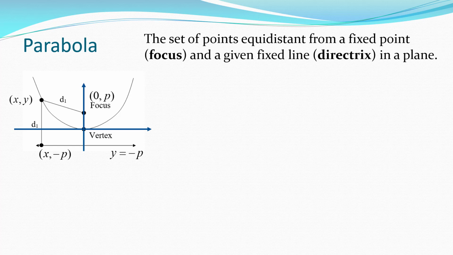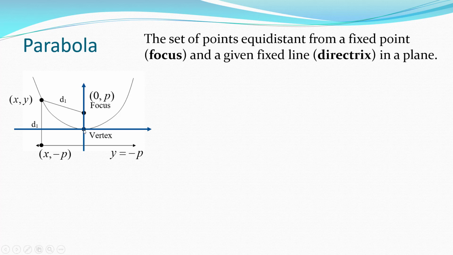(x, y) would just be some other point on the parabola. Now the distance between that point and the focus is the same as the distance from the point to the directrix. That's why this distance here is the same as this distance here. Well then, because I know the coordinates of this point on the parabola, it's (x, y), I can find the coordinates of this point on the directrix.